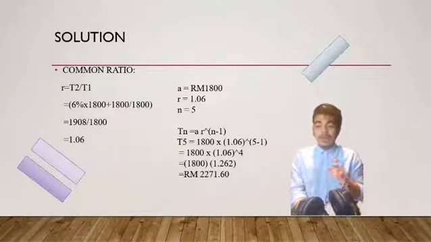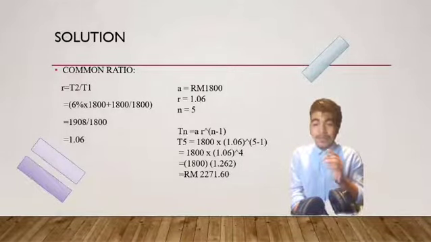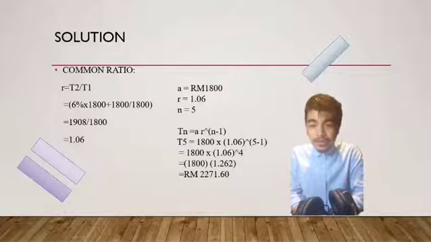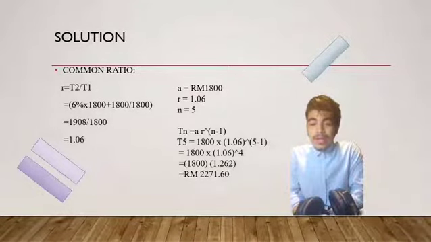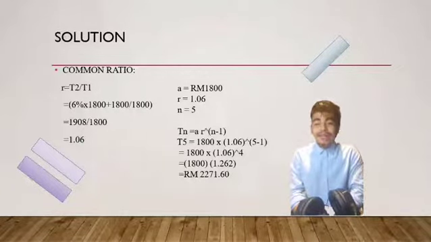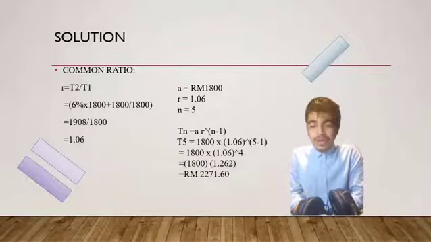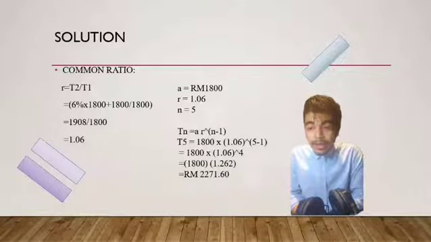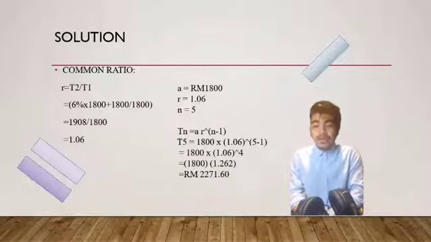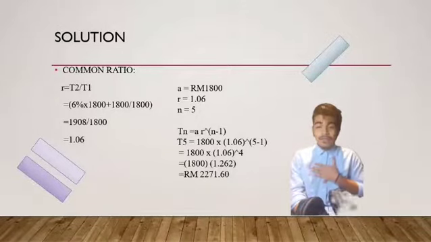So, solve the 1.06 to the power 5 minus 1 first. We will get 1.262. Then we times with the 1800 and we will get 2,271.60 as the total amount of money including the compound interest for his investment. That's all from me. Thank you.